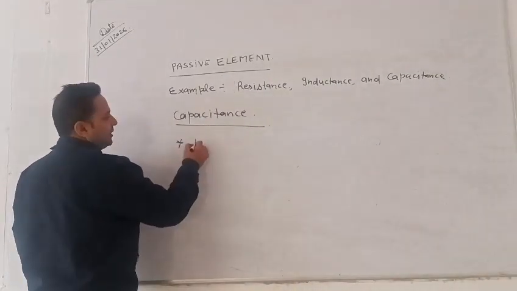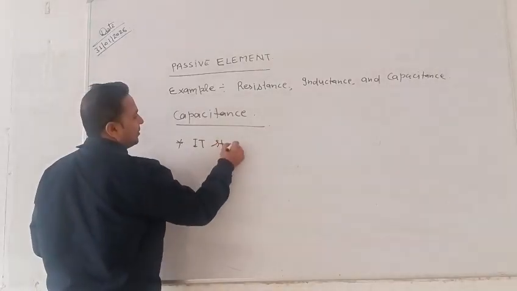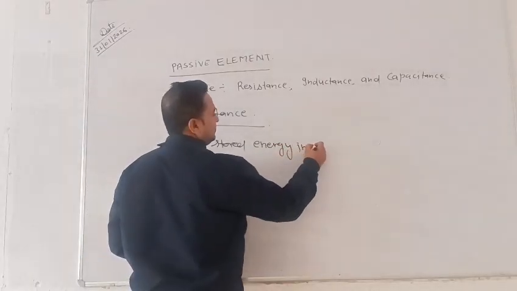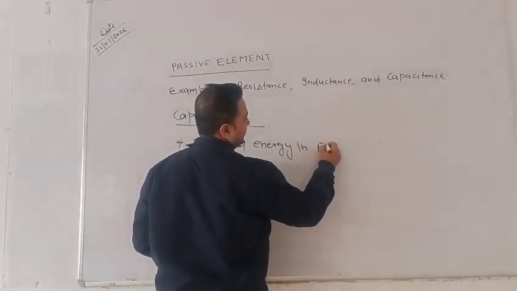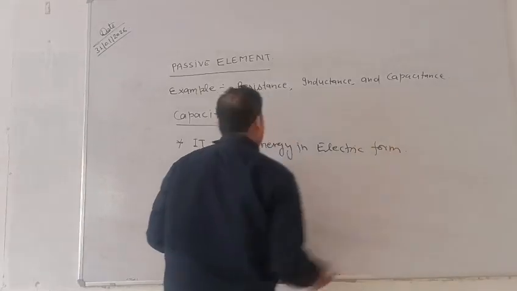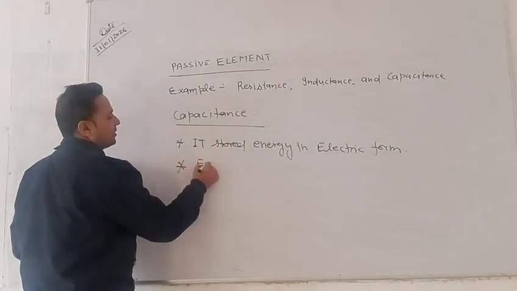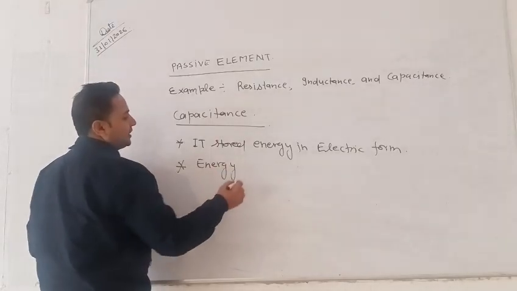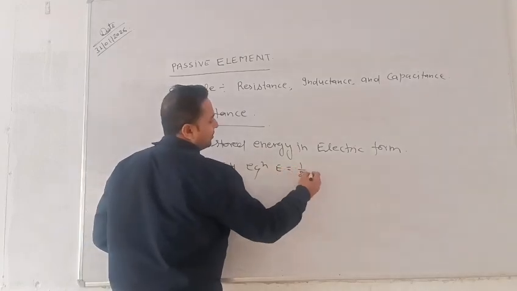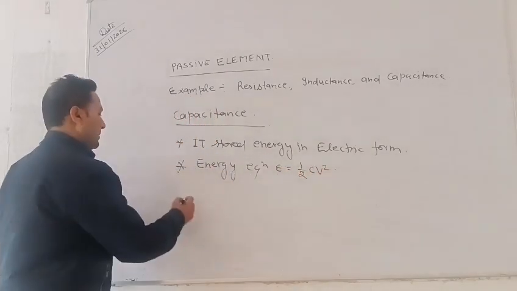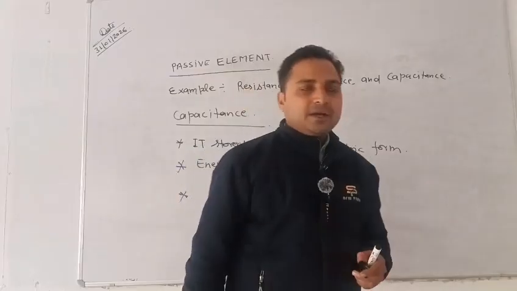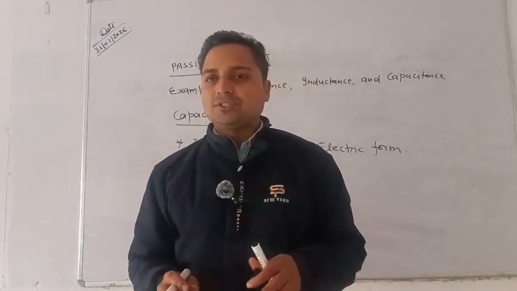So the first property is that it stores energy in electric form. The energy equation is equal to half C V square.